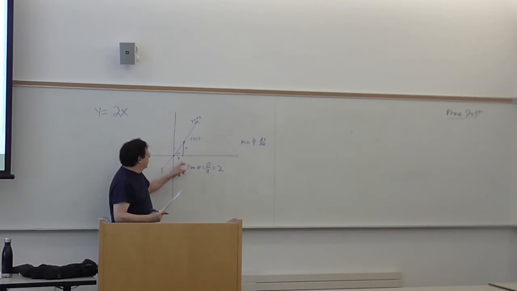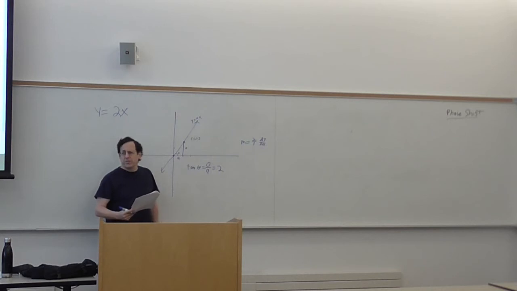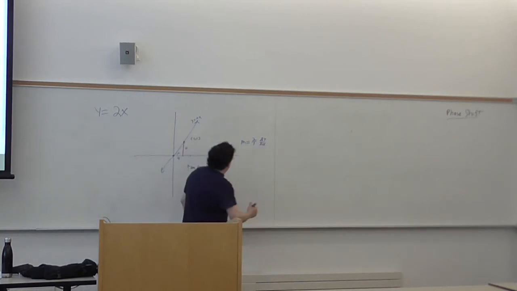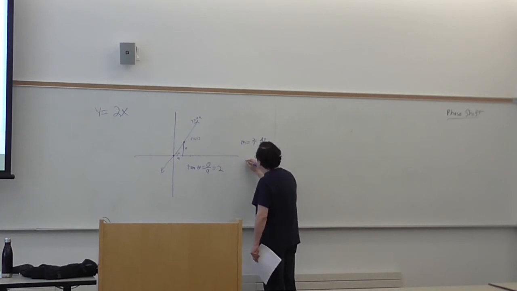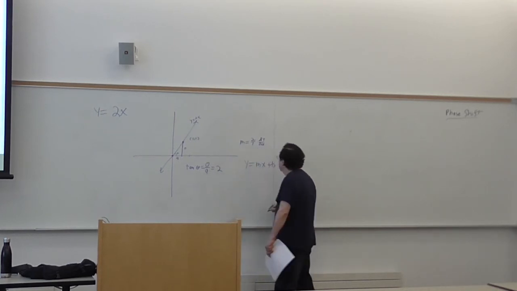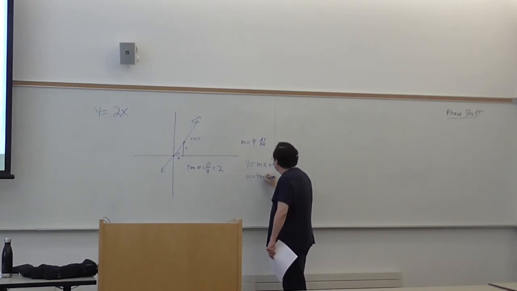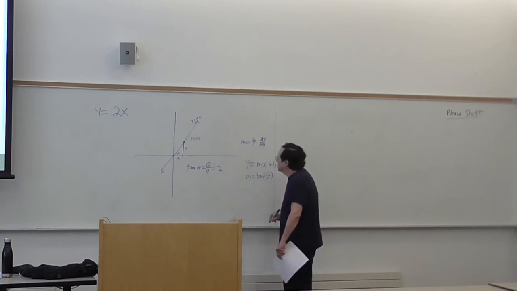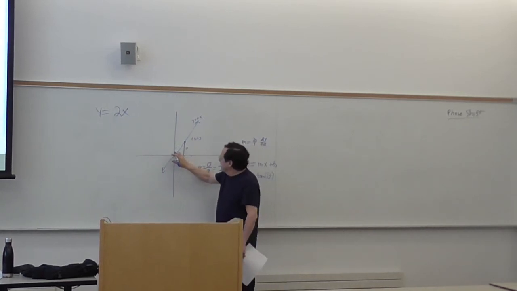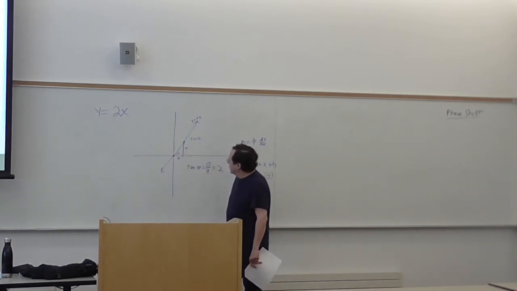Clearly, opposite over adjacent is the same thing as delta y over delta x. That is, for my equation y equals mx plus b, m is the tangent of the angle that the line makes with the axis.